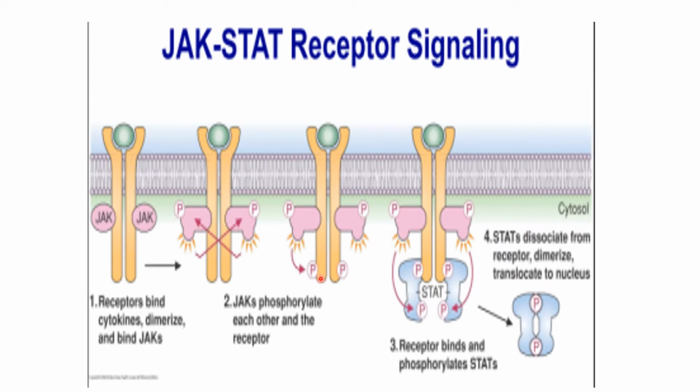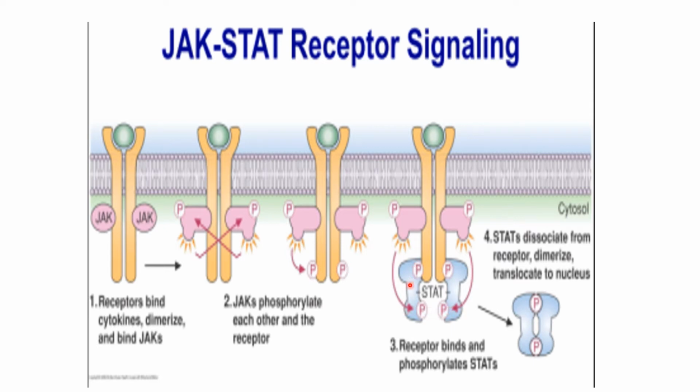After their phosphorylation, STAT protein coming from the cytosolic source binds to the phosphorylated receptor part and gets phosphorylated with the help of the JAK molecule. So the JAK molecule, after transphosphorylation, not only phosphorylates the receptors, but also phosphorylates the STAT molecules at the second position.